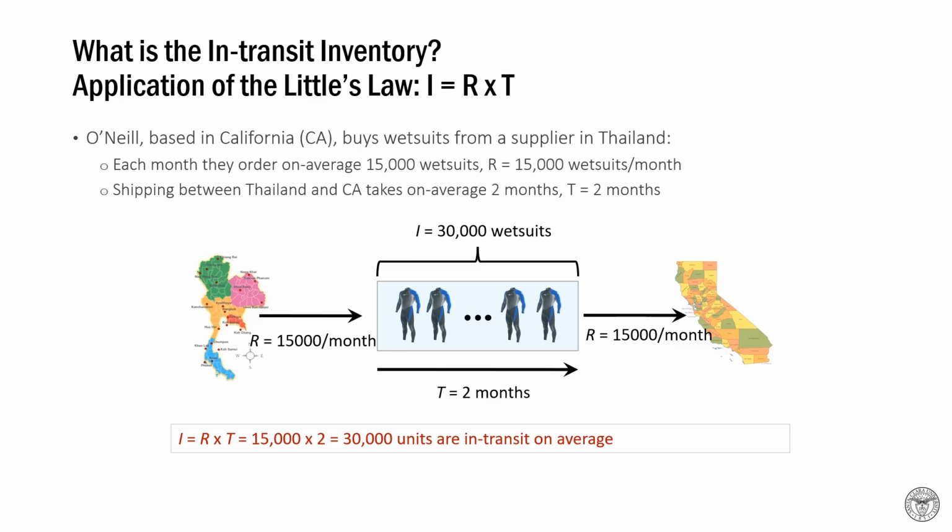This means, on average, O'Neill has 30,000 white shoes in transit at any given time.